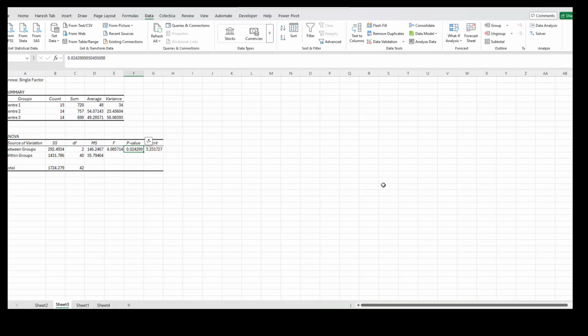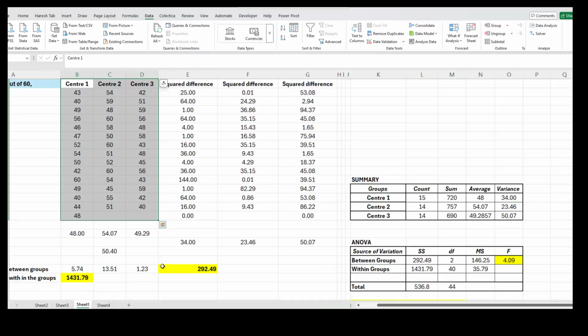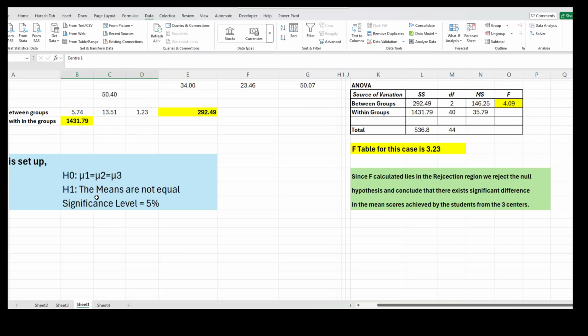The moment the p value is less than 0.05, which is our significance level, we reject the null hypothesis. So in this case also the result is the same: we reject the null hypothesis, the alternate hypothesis stands, and the population means are not equal for the three samples.